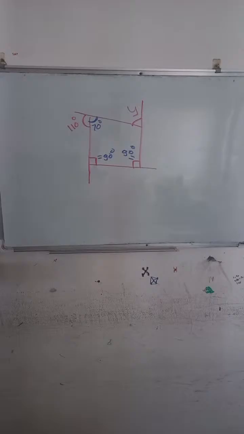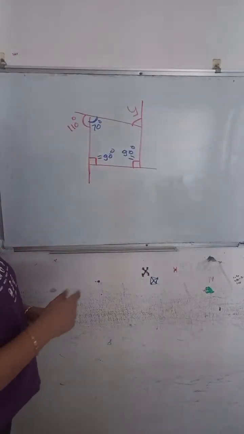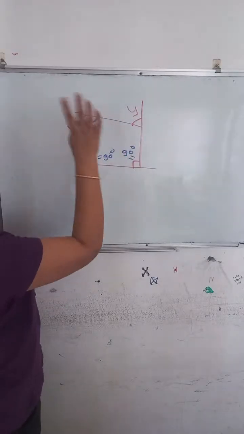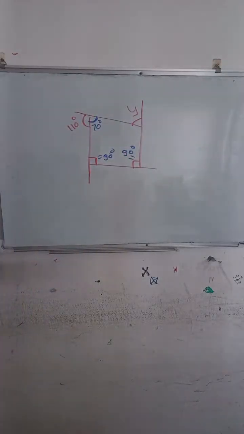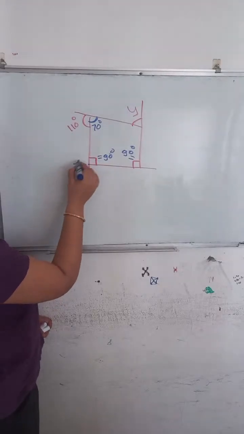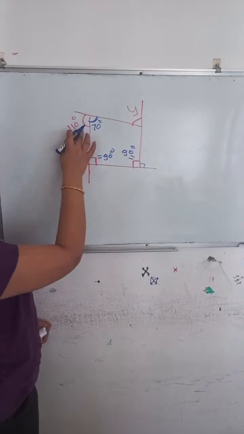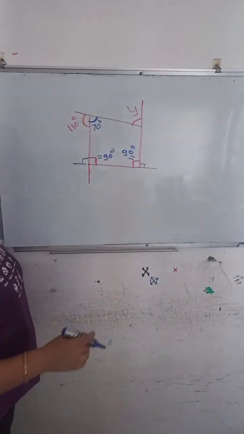Okay, this will become 70. And if it is 70, then interior angle sum is nothing but 360 because 1, 2, 3, 4 sides are there. Correct? So here if you extend here, this is also 90, already extended, this is also 90, this is 110, and y is the exterior angle.